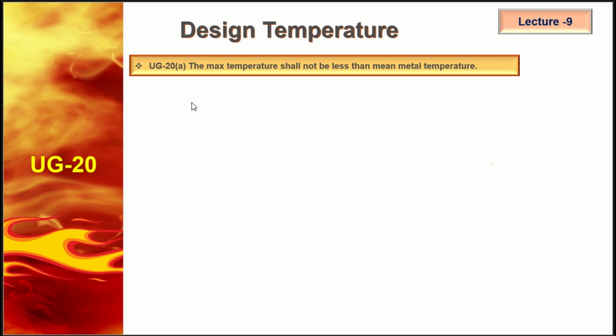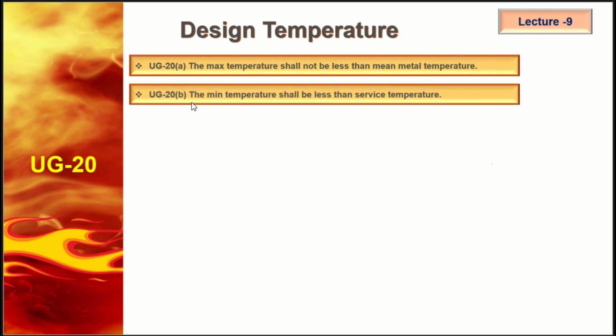So this is important. And UG20B says that the minimum temperature shall be less than our service temperature. I already told you that the material minimum temperature shall be less than service MDMT, that is minimum design metal temperature. And for lower temperature cases, we will do impact testing.